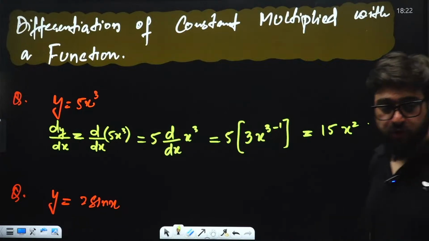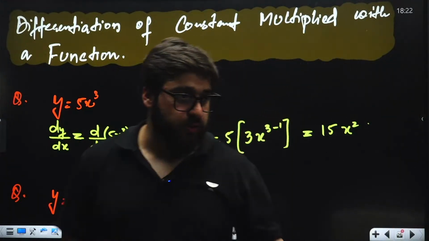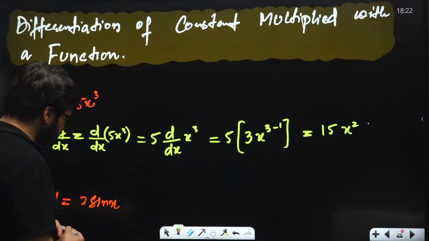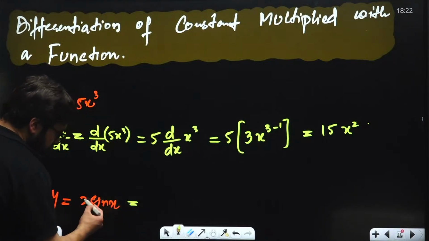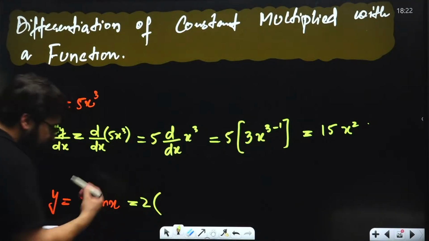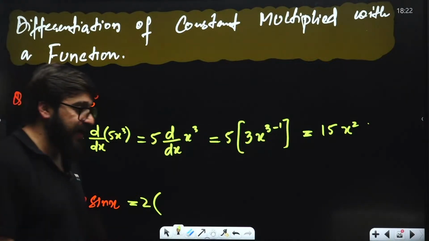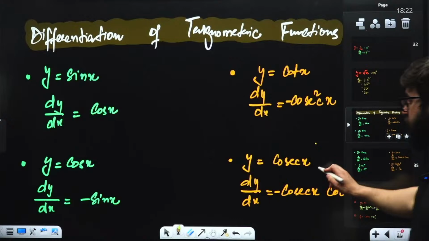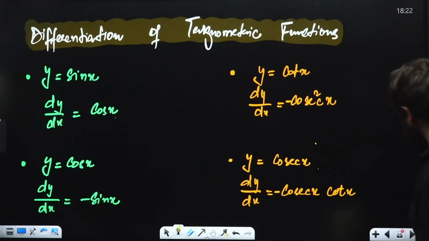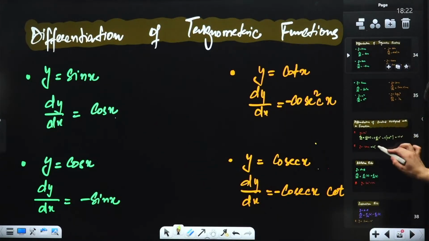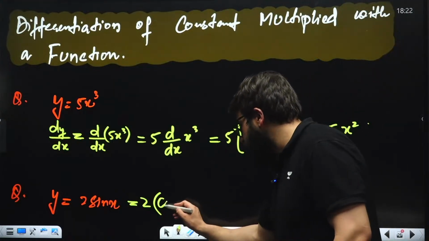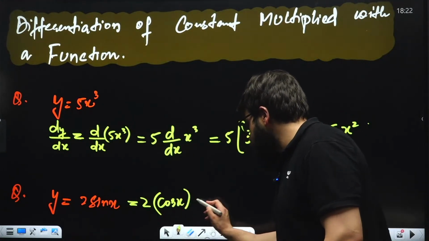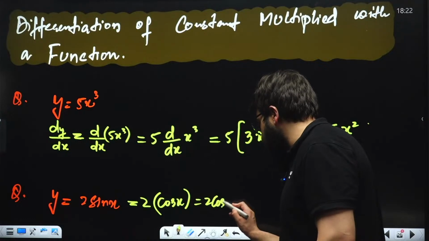So 15x square. Similarly, in this case, we take this 2 out. And what is the differentiation of sine x? Recently I told you, differentiation of sine x is cos x. So it will be 2 cos of x.